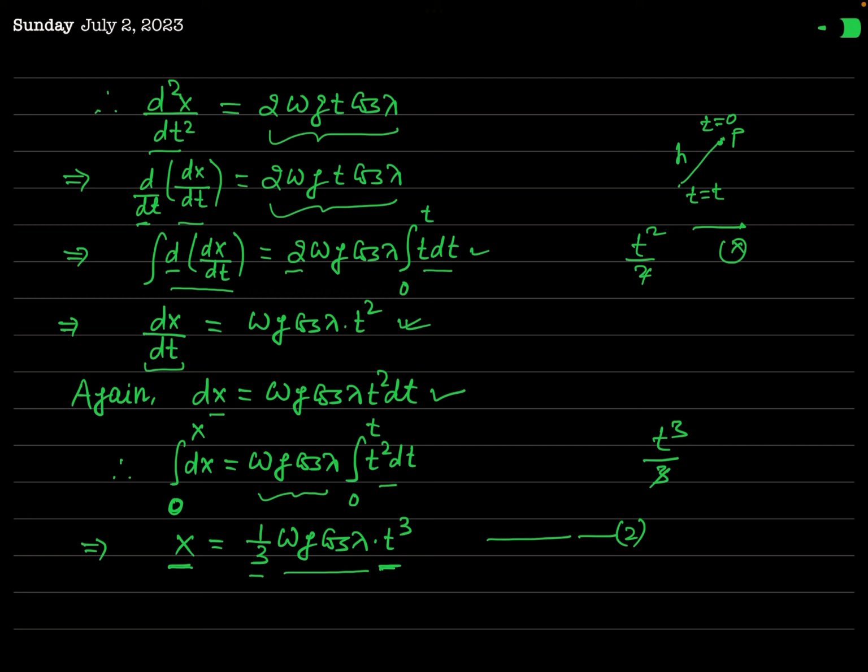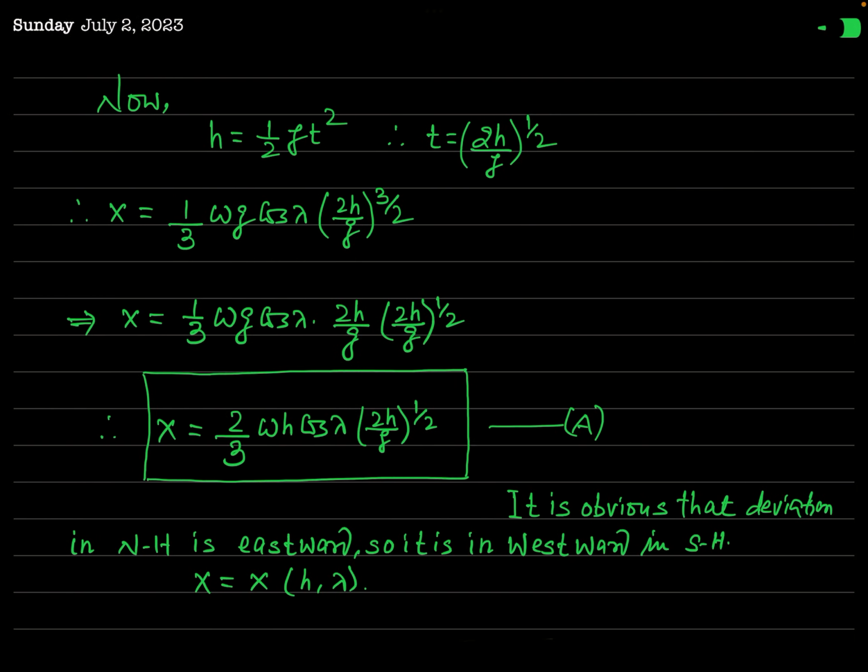And that can be easily obtained because if a particle is dropped from here at t equal to 0, it covers a distance h, and here the time is t, and the initial velocity of the particle is 0, then you know the equation of motion: h equals ut plus half gt square.